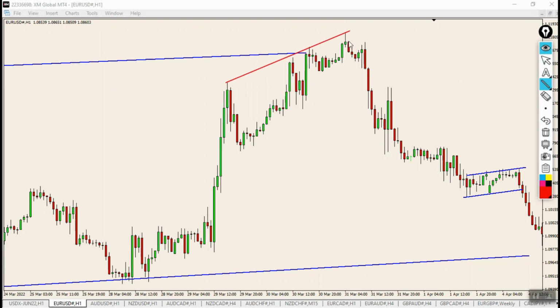Which makes it an even higher probability setup. Reason being, because it is a wedge. Not only that, it is a wedge on the third touch. Not only that, inside the wedge, there's 1, 2, 3 touches, and on the third touch, we have another nameable pattern here, right? So maybe your stop loss was somewhere here, and you may be taken out.